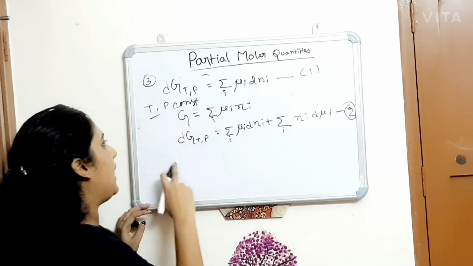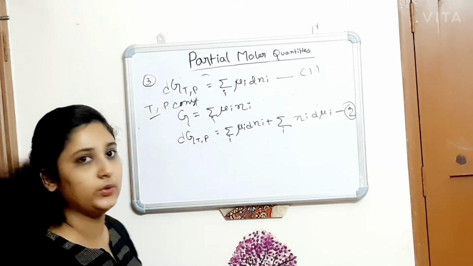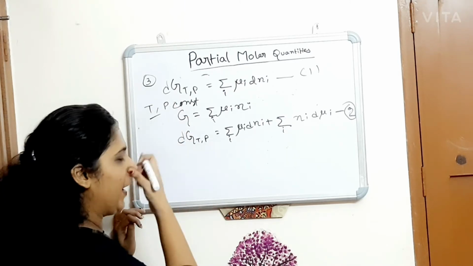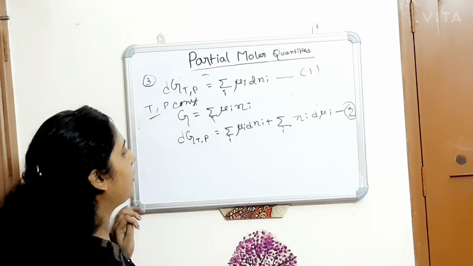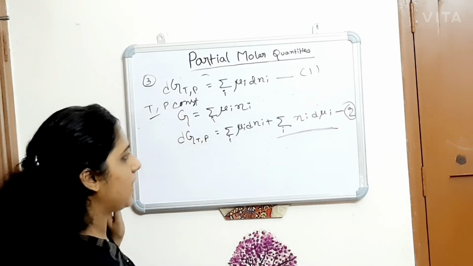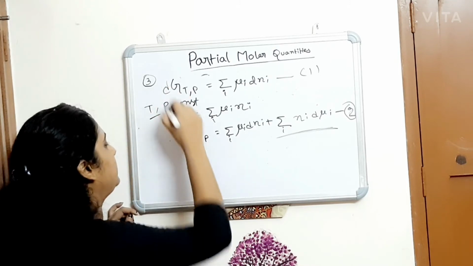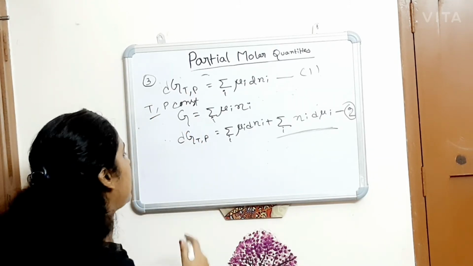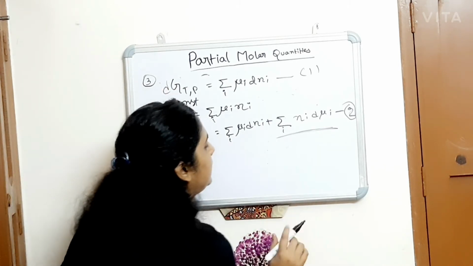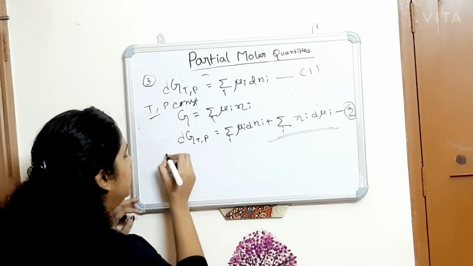So both equation 1 and equation 2 are equations for dG at constant T and P, so they should be equal. For this equality, the term sum over i of n i d mu i should be 0, because the other terms are the same in both. So we have to put the sum over i of n i d mu i equal to 0.